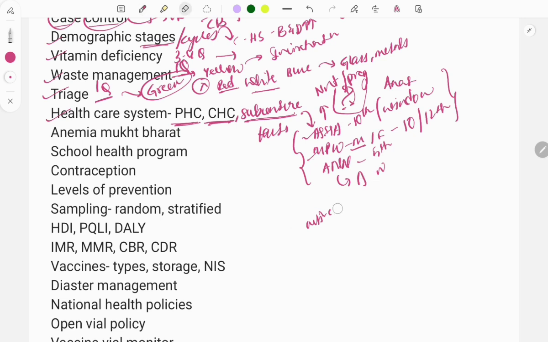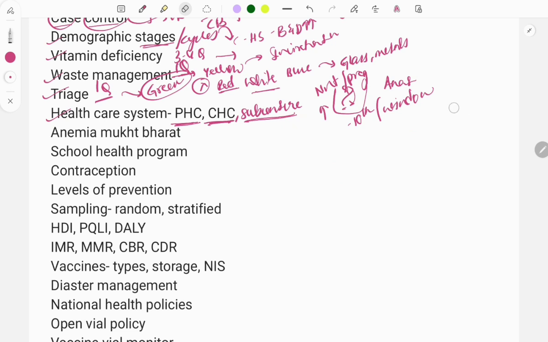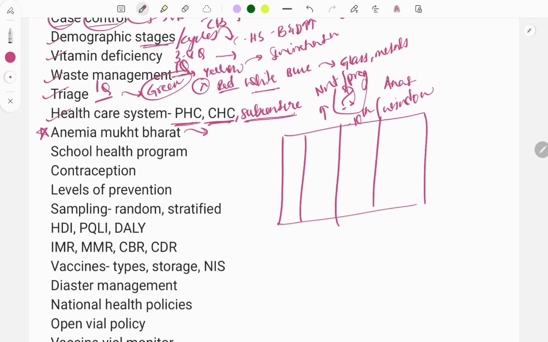Then moving on to the Anemia Mukt Bharat. So this is also a repeat topic and frequently questions are asked from this. There's a whole table, right, which you must learn by heart. That table consists of the age, then the folic acid and the iron requirements, and how much time we will give it, so the duration.